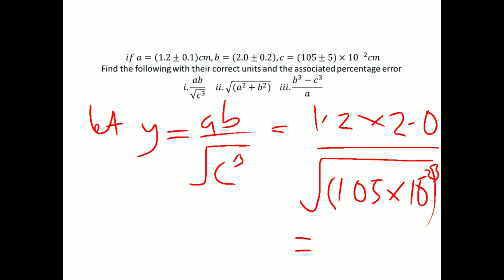So we have 1.2 times 2.0 now divided by the square root of 105 times 10 raised to power minus 2, then the brackets cube.